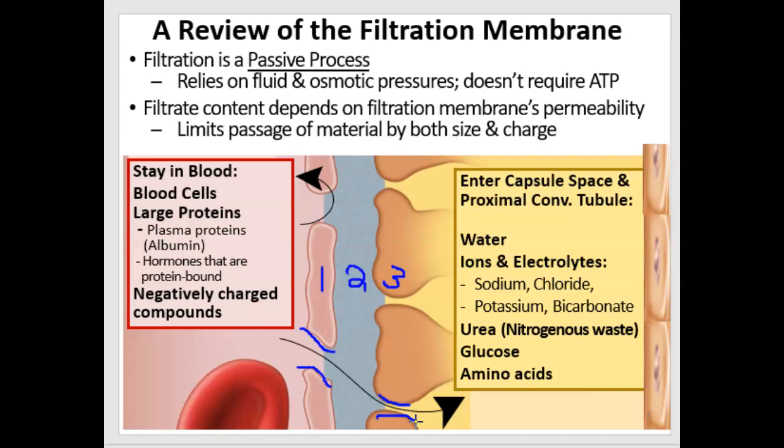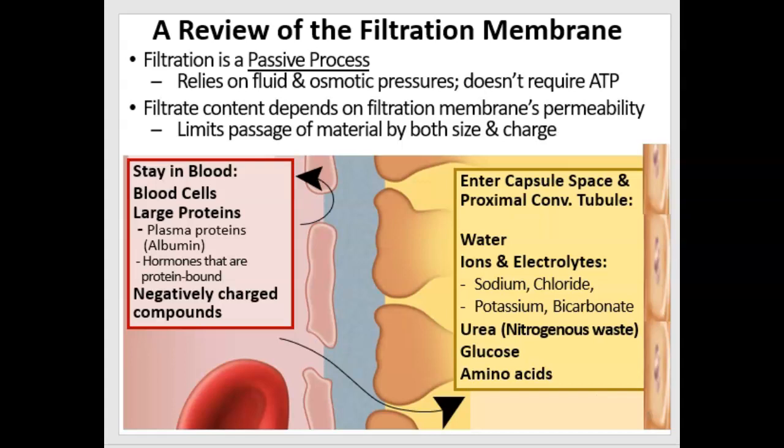So the process of moving from the blood into Bowman's capsule is called filtration. It's generally considered a passive process because it doesn't require ATP. It relies on fluid pressures and osmotic pressures, not necessarily diffusion gradients, but just general concentration versus dilution.